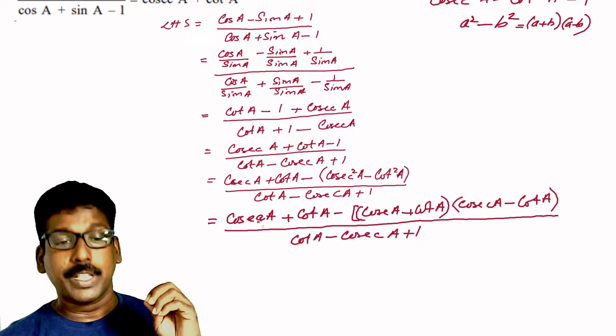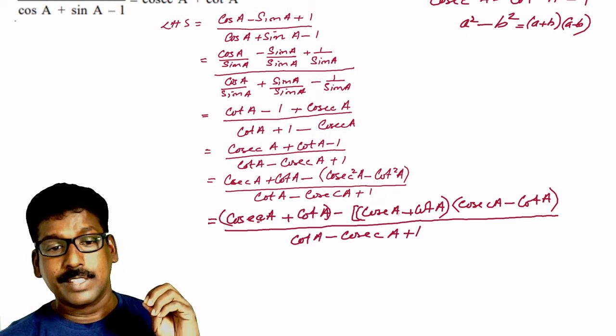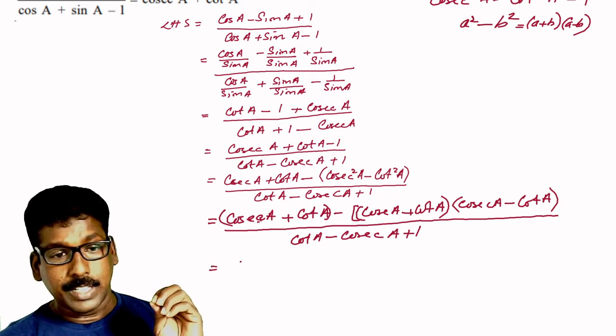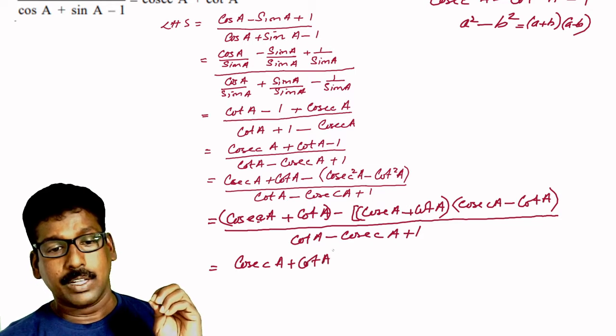Now look at the numerator. Here cosec a plus cot a is common. So you can write cosec a plus cot a common. Then what will be remaining?